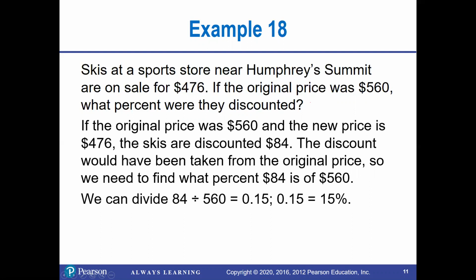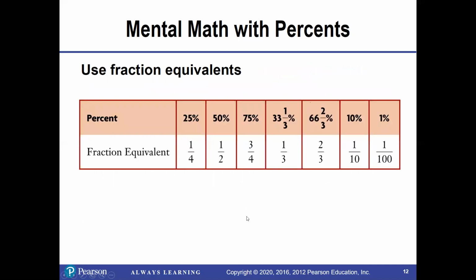The discount is taken from the original price, so we need to find the percent of $84 of 560. So 84 divided by 560 is 0.15, which is 15%, a 15% discount.